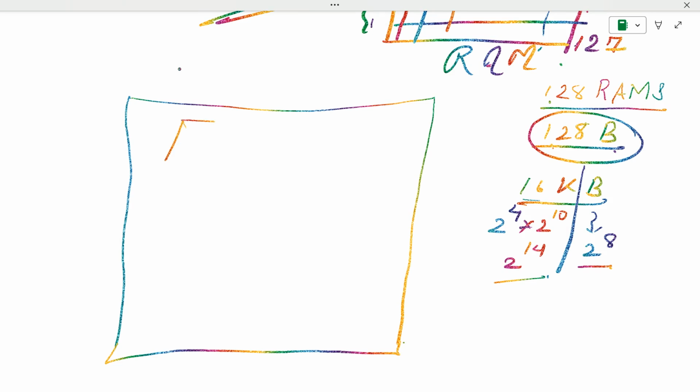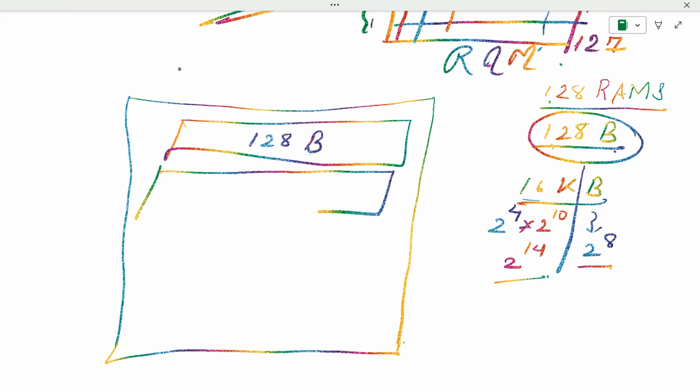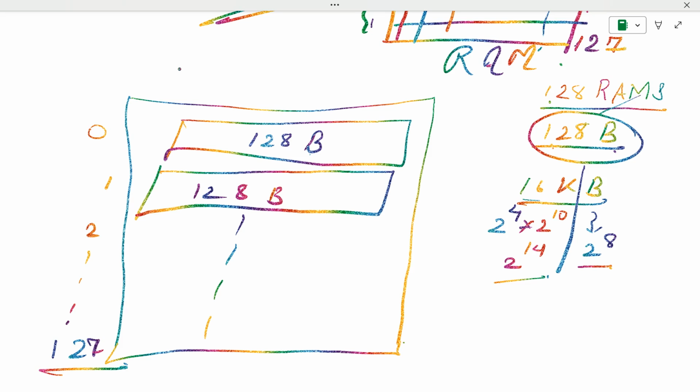Like we have this RAM, each RAM holding 128 bytes of data. And how many RAMs are there altogether? 0, 1, 2, and so on up to 127, because we have 128 RAMs and each RAM holds 128 bytes. This way we can constitute the memory.